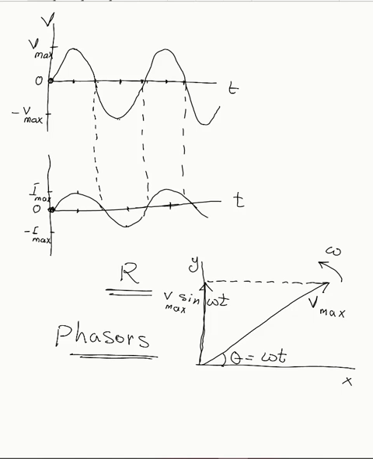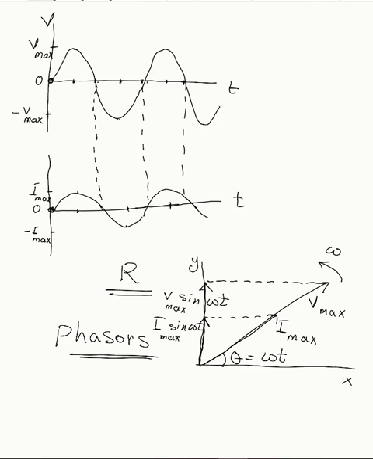So as I told you, then I is in phase with V. So it's just logical that I draw the vector to be in the same direction. And then if I project it on the y-axis, that gives me I max sine omega t, this vector here.